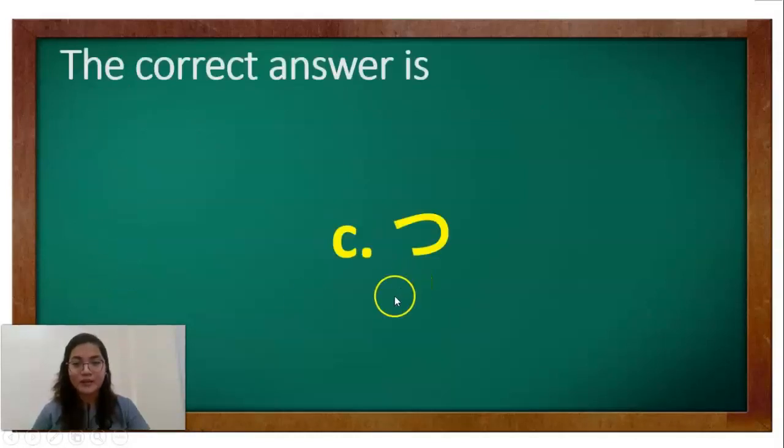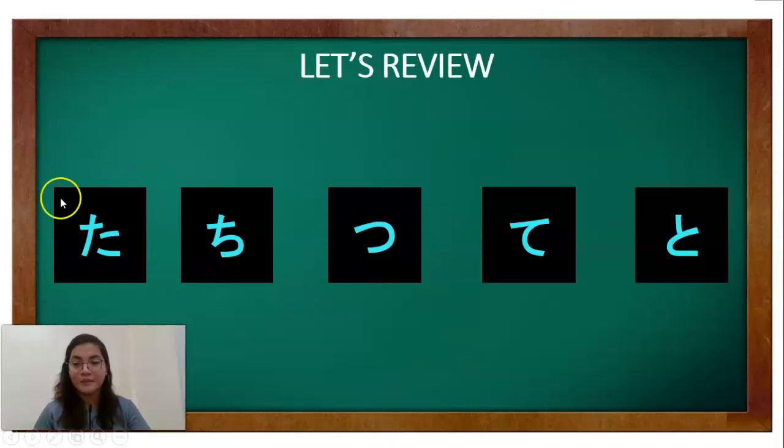And the correct answer is letter C. Good job. Now let's review the T row. This is ta, chi, tsu, te, to. Okay, please try it by yourself. Okay, good job for that.